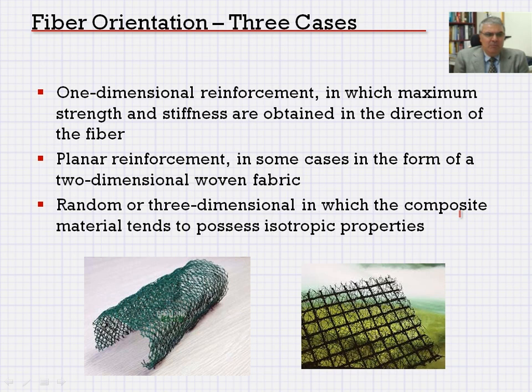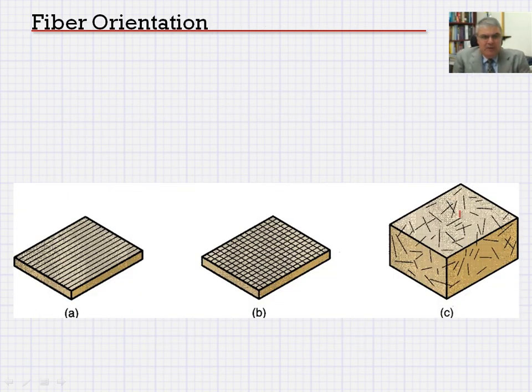Two-dimensional, of course, we are going to have this fiber in two dimensions, and for three-dimensional, then we're going to have composite materials in different directions and different layers, and it is easier to achieve isotropic properties versus anisotropic that I just discussed at the beginning of the lecture.